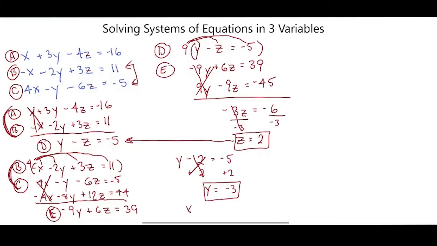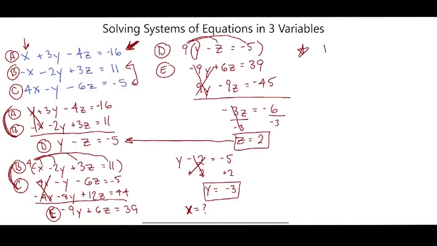I do not know what x is right now. So what I'm going to do is choose to plug them into the first equation because there's an x by itself with no coefficient other than 1. So I will rewrite the equation over here, plugging in the values of z equals 2 and y equals negative 3.